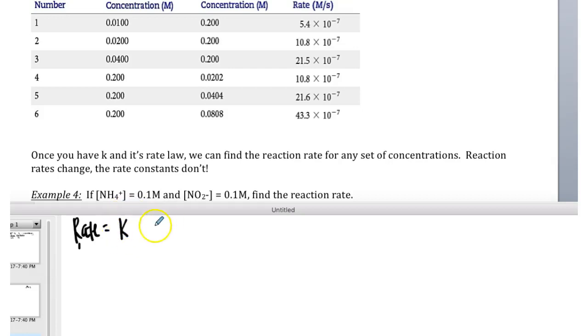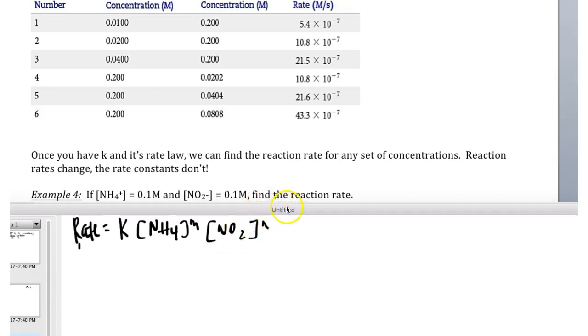It's a different K. This does have units. And we multiply this by the reactant concentration, and there's some order to it, which I'll talk about later. And you multiply it by the other reactant, which also has a specific order.